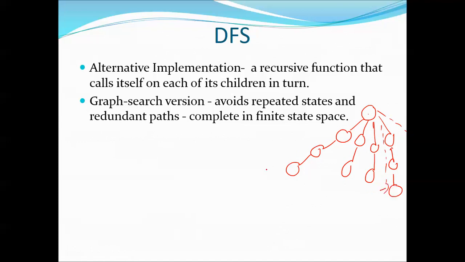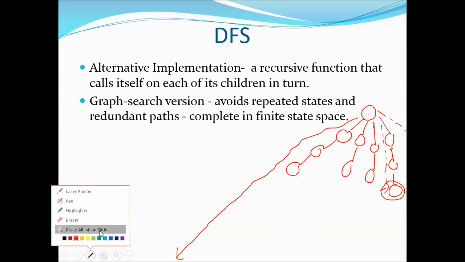But assume this is an infinite tree. There is no end. There is no limit for this tree. Now the algorithm starts in this direction. It will keep on searching this line itself because this itself is an infinite path. It goes, and it never ends. So it will never come back, and it will never find the solution which is lying here. So in infinite space, DFS is incomplete.